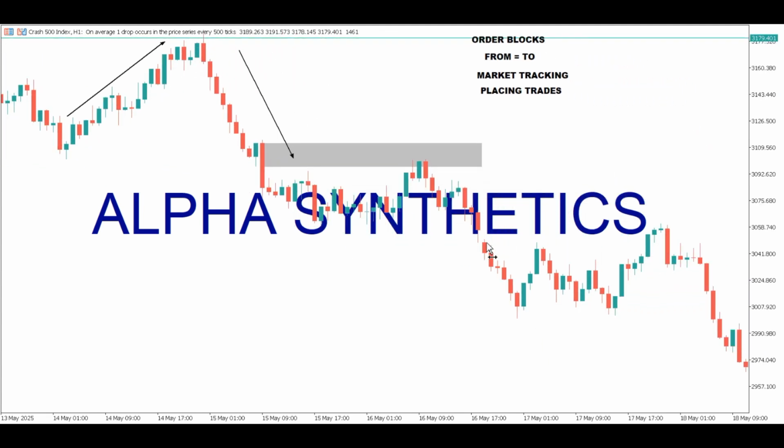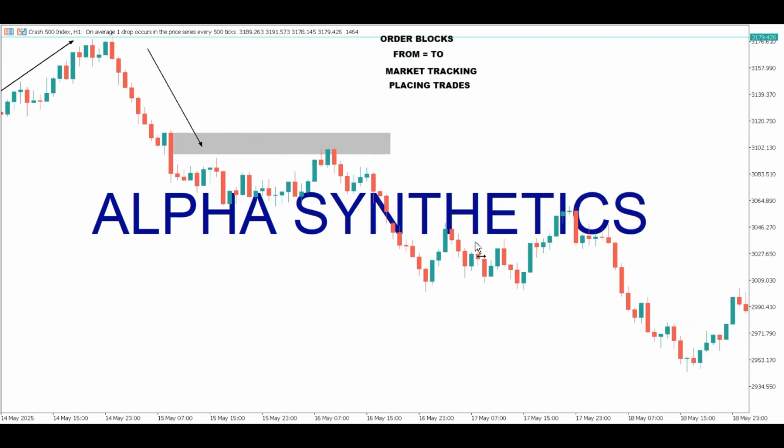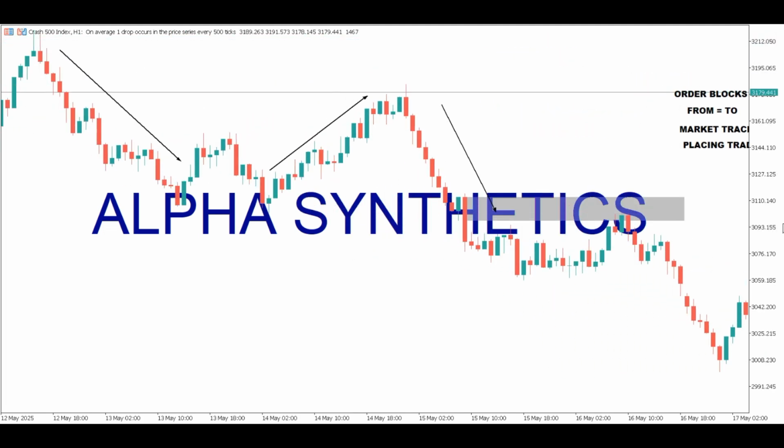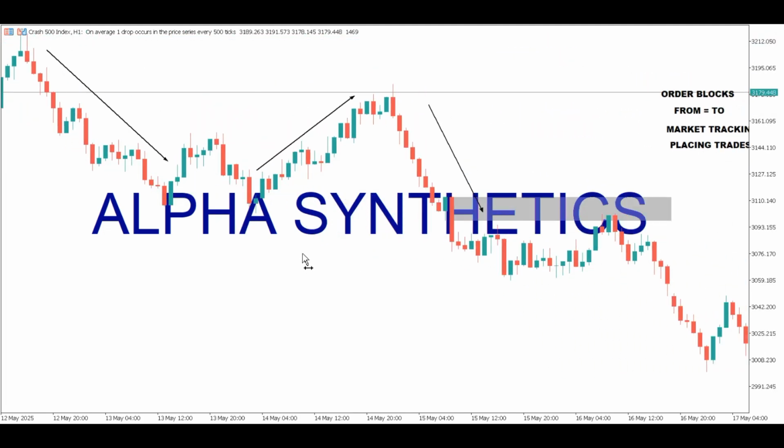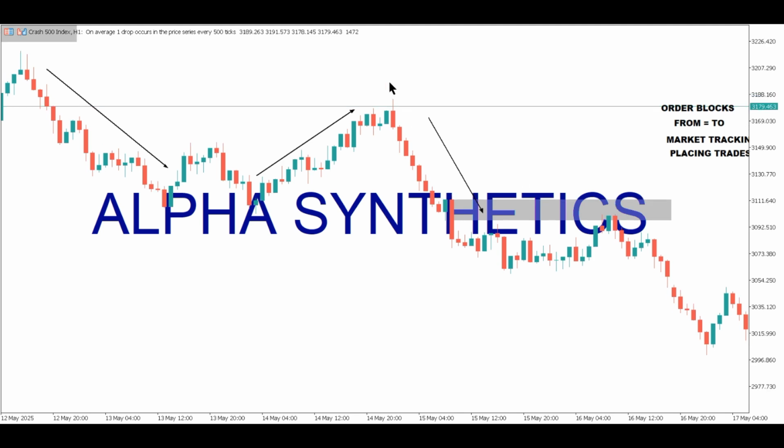Now if you're going to look for the opposite, on the buy side, if you see over here, it is going from the downtrend to the uptrend. The confirmation here is that this created an order block just over there, and it never broke below this order block.